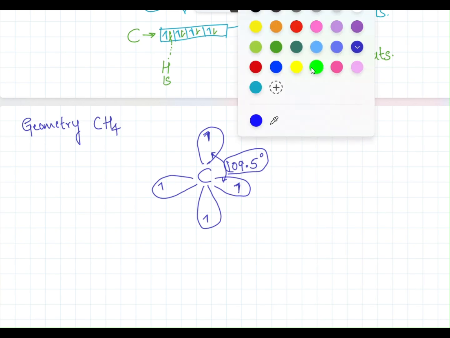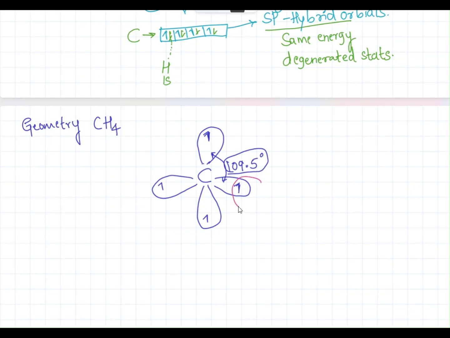Now these sp3 hybridized orbitals will overlap with the 1s orbital of hydrogen. We know that the electronic configuration of hydrogen is 1s1, so it has one electron. The electron in the 1s orbital of hydrogen will combine with the electron present in the sp3 hybridized orbital to form a sigma bond.